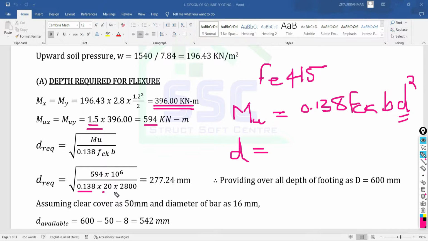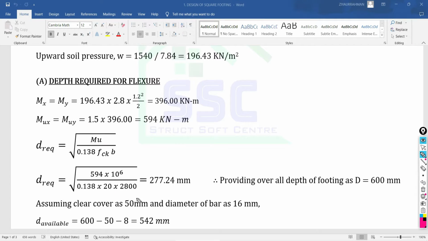20. fck is the characteristic strength of your concrete, because our grade of concrete is M20, so the characteristic strength of the concrete will become 20. So that will be 20 multiplied by whatever width you have used for the calculation of the moment, the same width you have to use here. Sometimes the students are considering 1 meter.